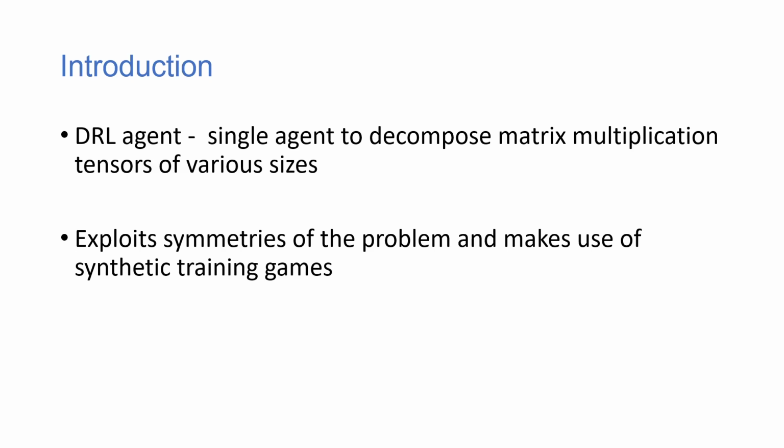I already mentioned this. Basically, the agent is going to look for decomposing the matrix multiplication and exploits the symmetries and makes use of synthetic training games, which are pre-made games that perform well.